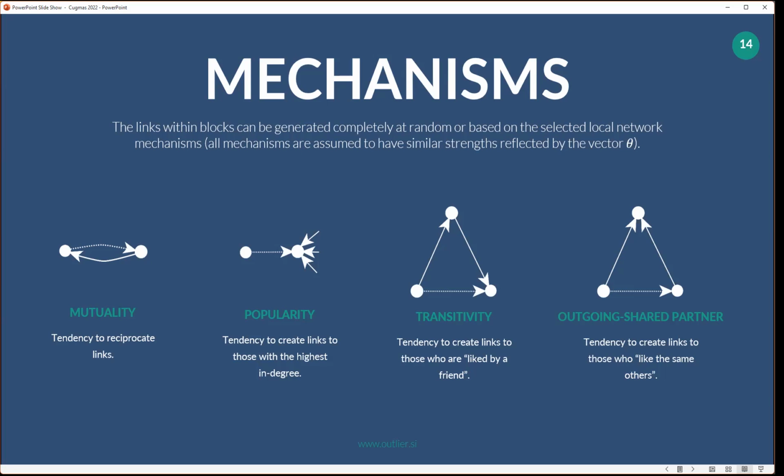First is without considering mechanisms, and the second one is generating networks with considering these mechanisms. In the first scenario, we set these values of theta to 0. This means that mechanisms are not considered, which means that the links will be created randomly within blocks when generating networks. But when we set these values of vector theta to 1, these links within blocks will be generated according to these local network mechanisms.